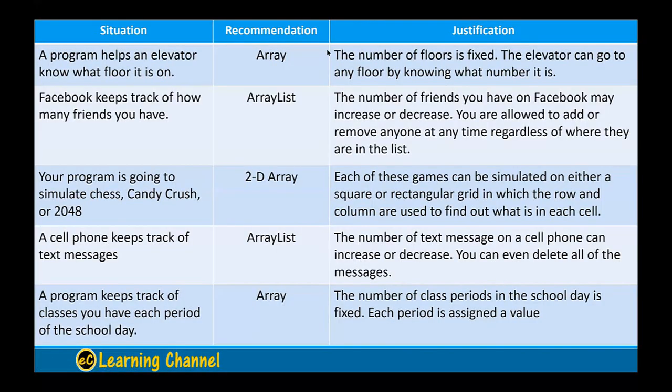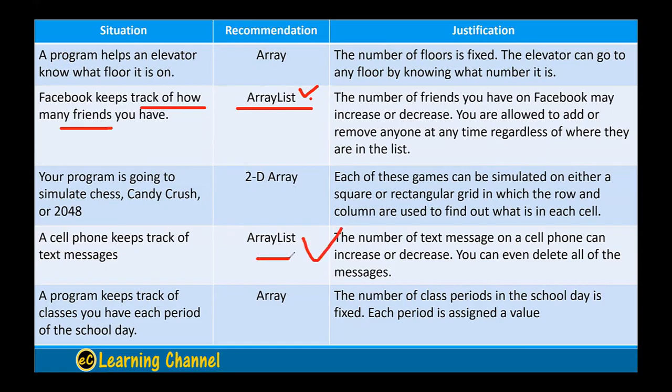So array list and two-dimensional array. In what situation do you need an array list? When your data needs to be flexible length, you would like to use array list. How many friends you have, the number of friends should be changing, so you would like to use it. Number of phone calls for the message is also changing.